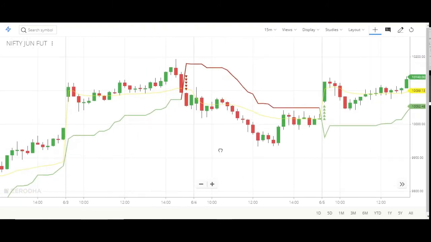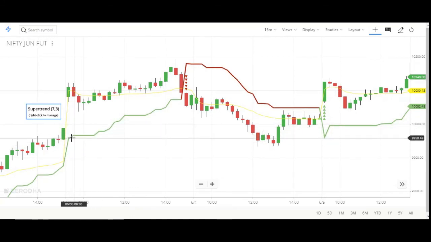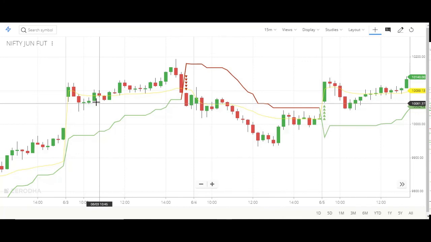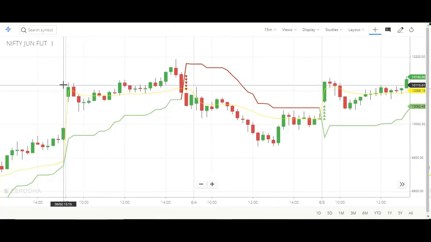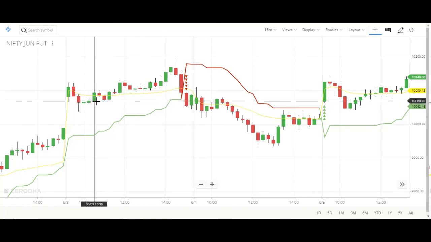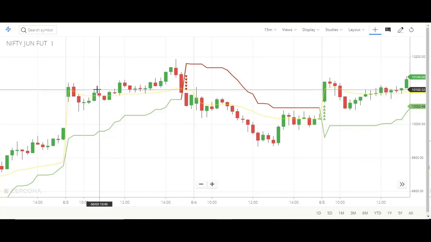Here you can see the Supertrend indicator is on the green side, and as per our strategy we ignore the first candle. Then this is the candle which moved from below to above the VWAP, so we'll be buying above this candle.